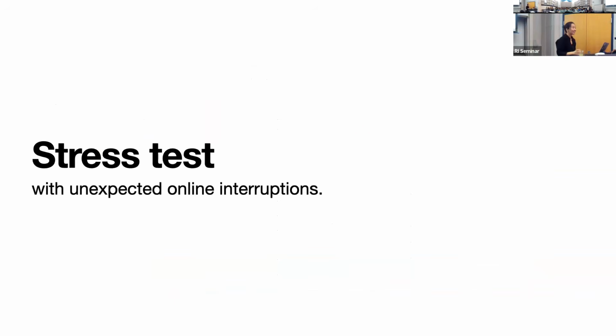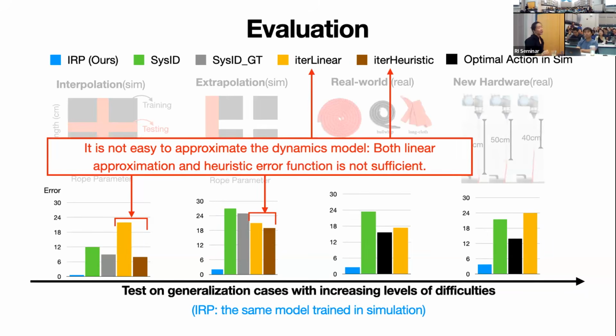Oh, question? So in the sys-ID case, what is the model you are using? So in the system ID case, we have two sets of experiments, so you actually have two models. One identifies the parameter, the sys-ID model. The other is, once you have the parameter, train the policy. For the first one, we basically take the observation and regress the rope parameter, with a very simple CNN.